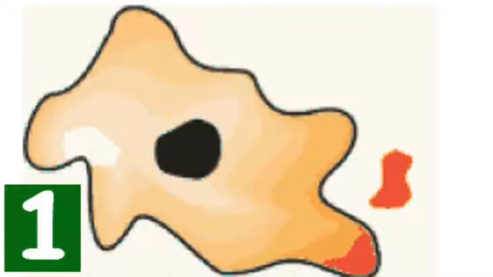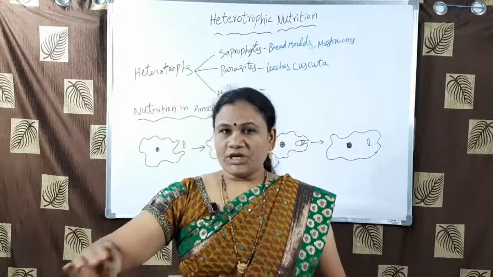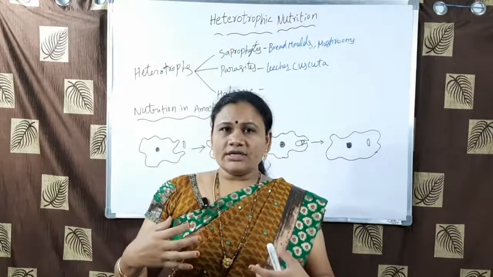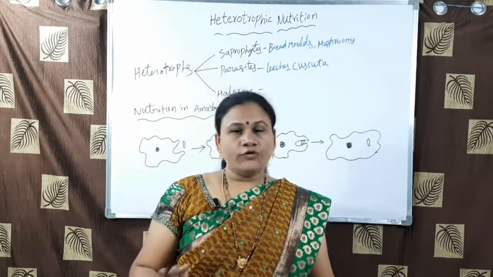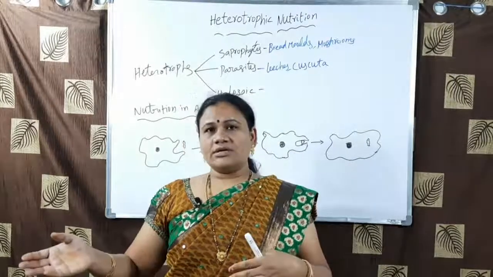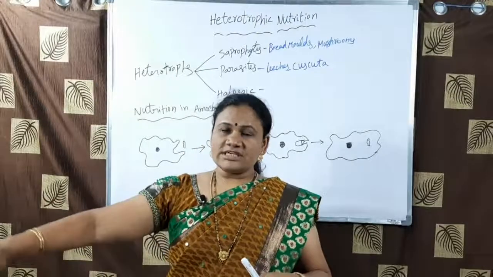Those are pseudopodia. By extending pseudopodia towards the food, it covers the food, that means it fuses over the food. After that, food enters into a food vacuole. Inside the food vacuole, the food will digest. Again, through the body surface, it sends out the waste.